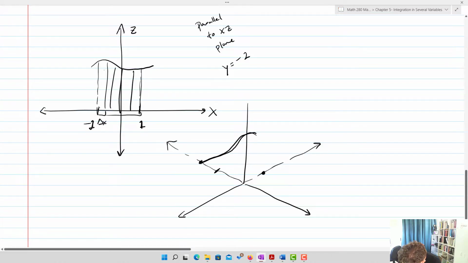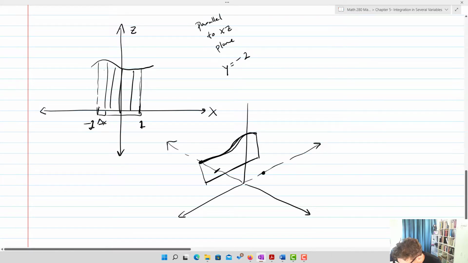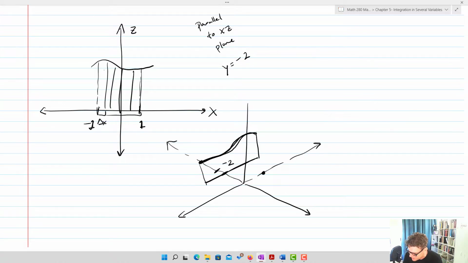And that's what that area is going to look like at that point. Again, not the greatest. That's actually the 2. We'll just pretend, negative 2. So going from negative 1 to 1 at y equals negative 2, we get something that looks like this, around there.